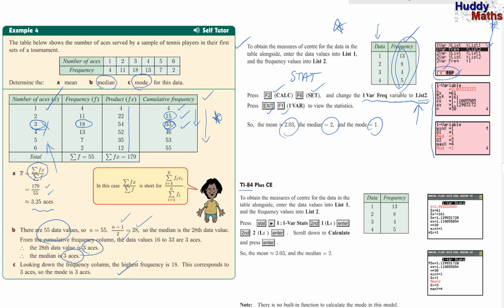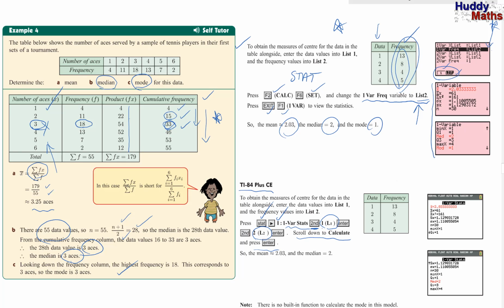And the same thing for the TI here. You've got to go to stat mode, go to 1 var stat, second function 1 is going to give you list 1, second function list 2, and then you've got to enter those in there and scroll down to calculate and press enter.